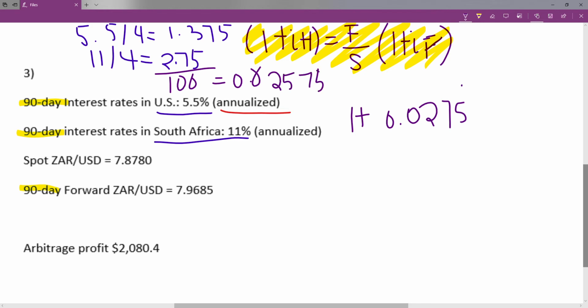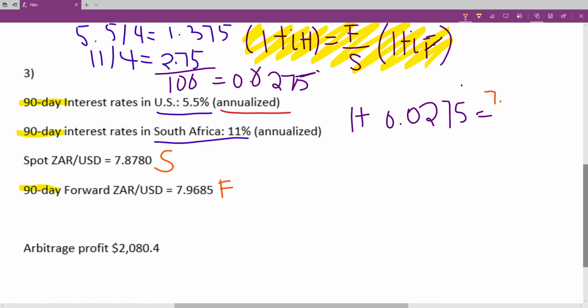Oh, wait, I wrote that backwards. Okay. And then we're going to do forward over spot. So this is our F right here, and this is our S, right?